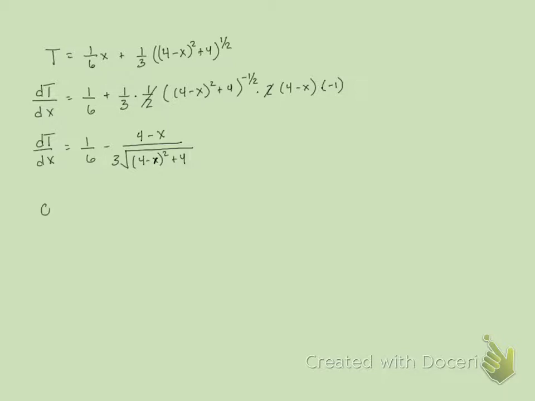All right, so let's set this equal to 0. And we can bring this complicated piece over to the other side. So I'm going to bring this 4 minus x, since it was negative, I'm going to bring it over here and make it positive.